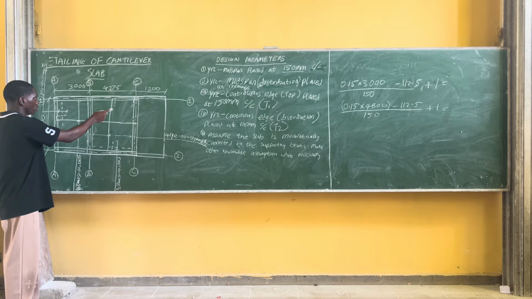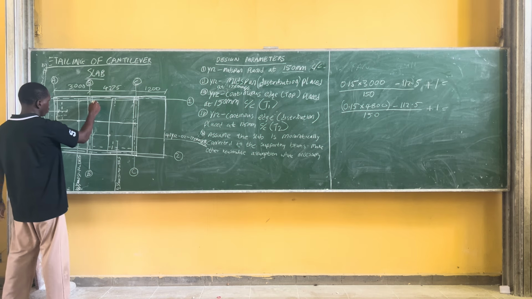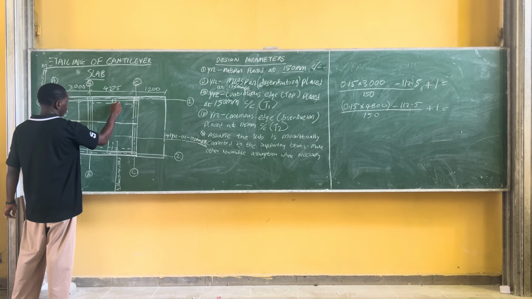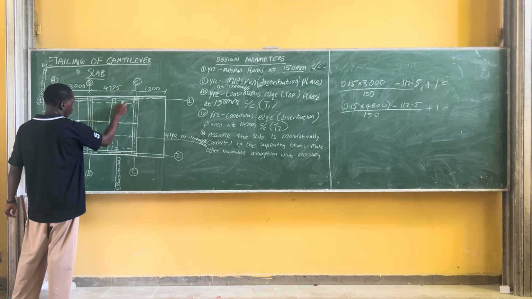Then we'll work on this one, which is still the same thing because the span is still the same, 4,800. So just draw a span indicator. I'll put my donut here.